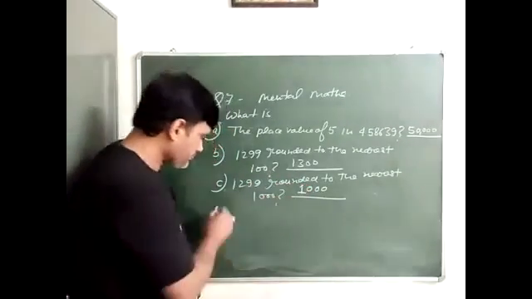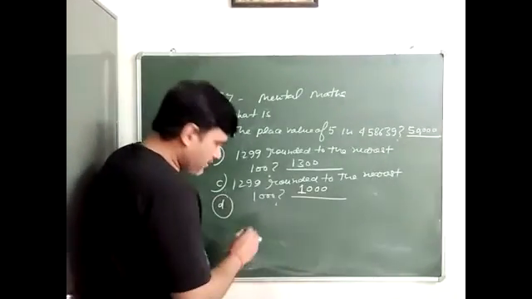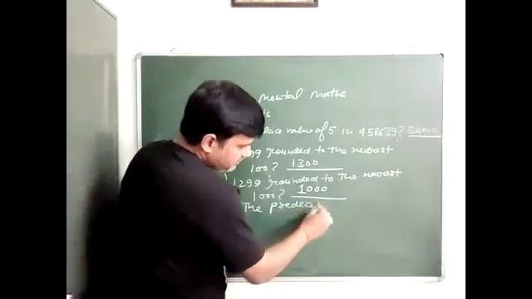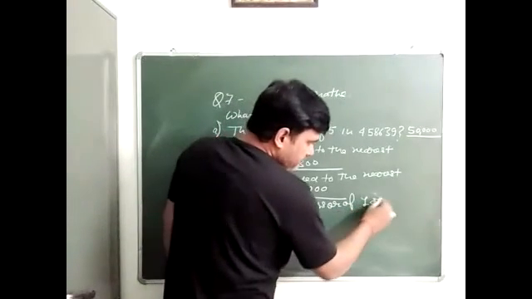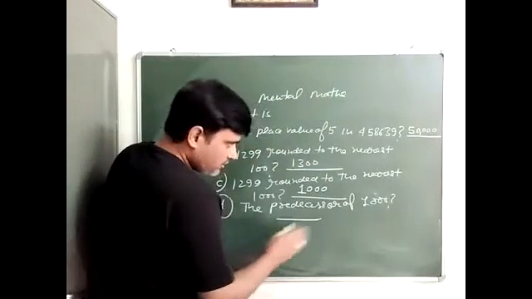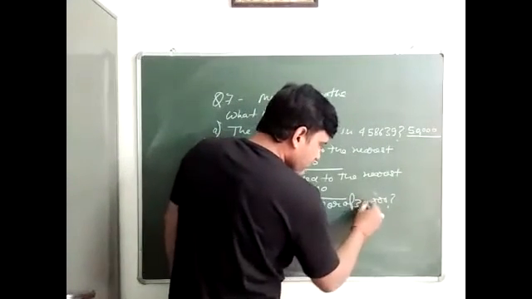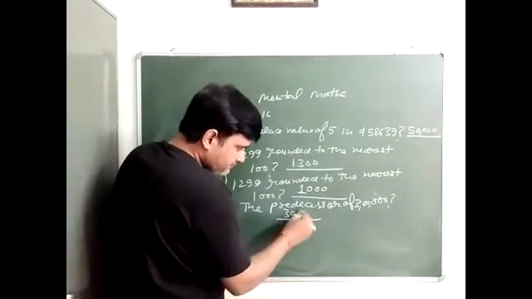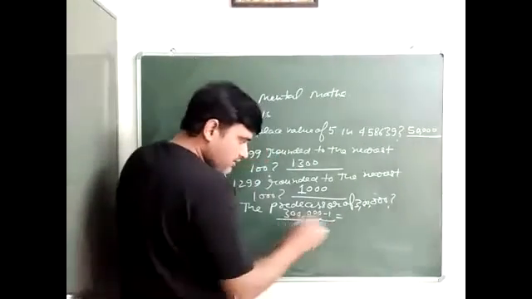Okay. Now D, the predecessor of 3 lakhs is equal to 3 lakhs minus 1.